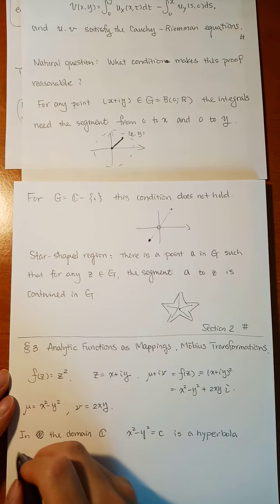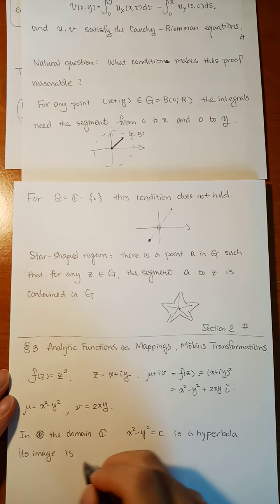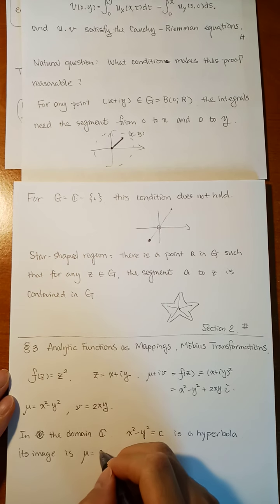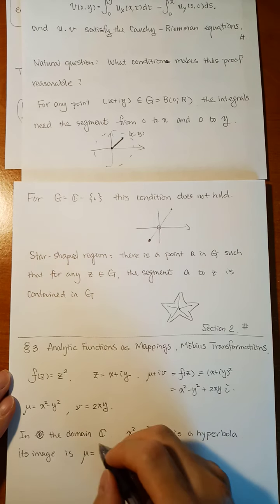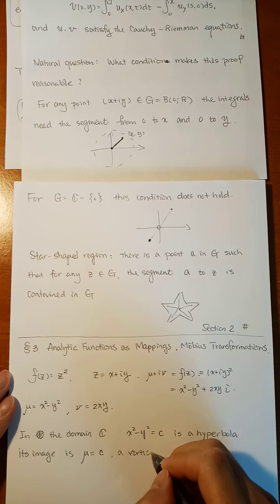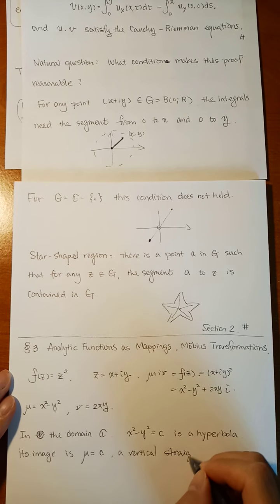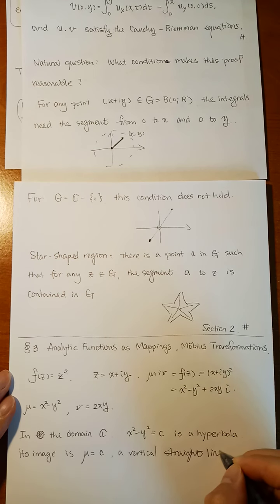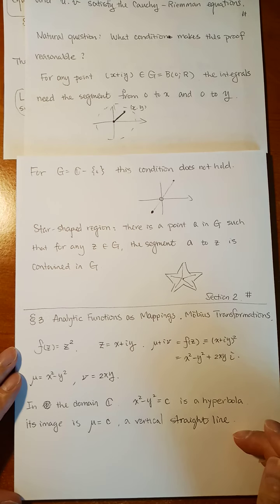But its image is u equal to C, a vertical straight line, right?